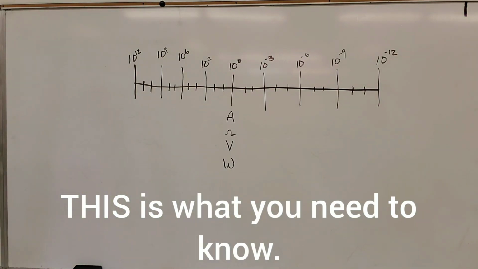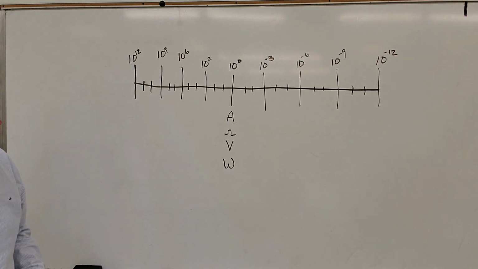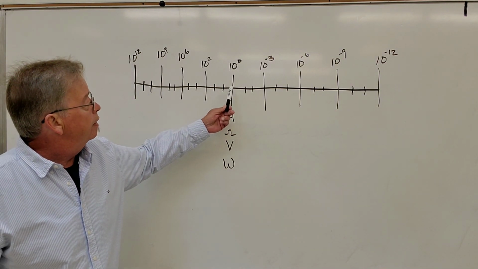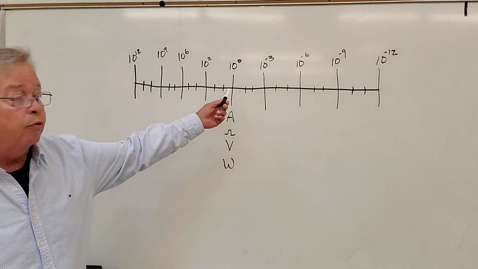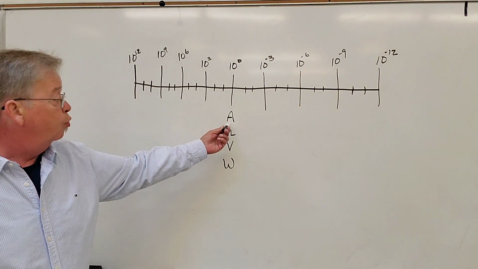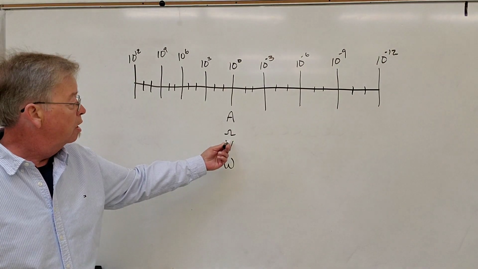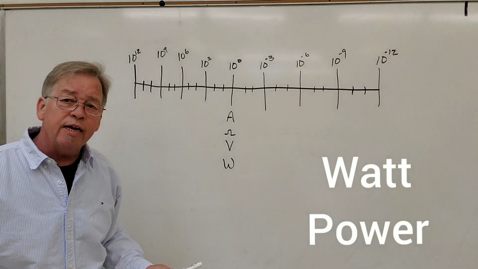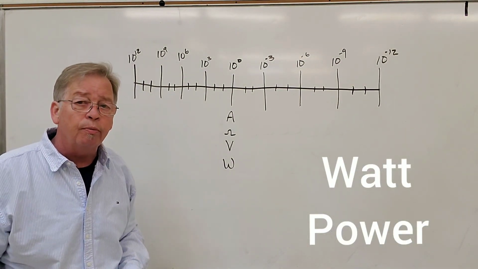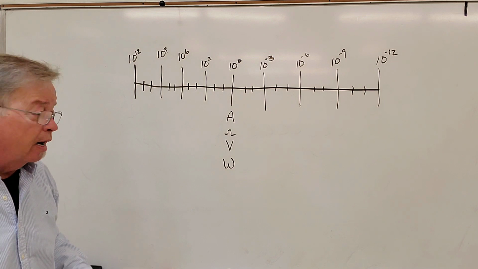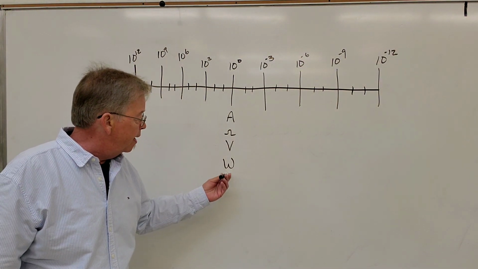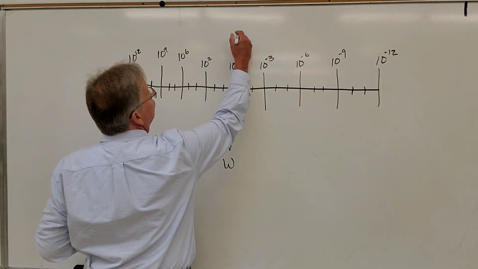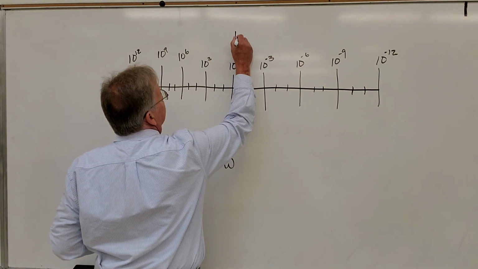All right, so there's the number line that we're going to be using. We have the middle part right here that's marked as 10 to the 0 power, and I've got it marked with an amp symbol, an ohm symbol, a volt symbol, and this stands for watts, which is a unit of measure for power, and we're going to get into that later on. But this is the base value, the ones column.